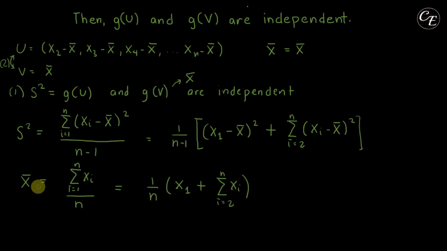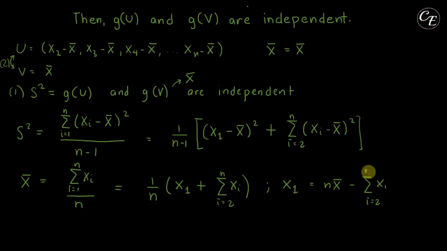Then from here, we can get x sub 1. If we multiply both sides by n, we have n x bar. Then putting this one to that side, we have minus the summation of x sub i from i equals 2 to n.